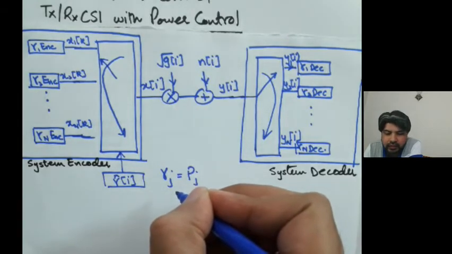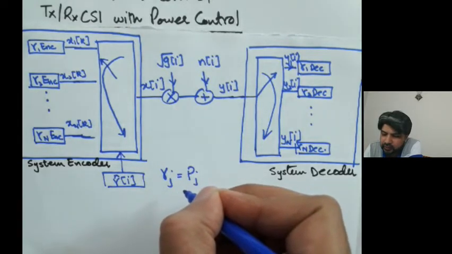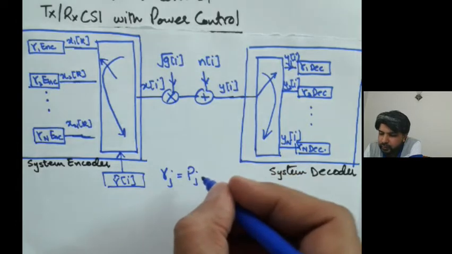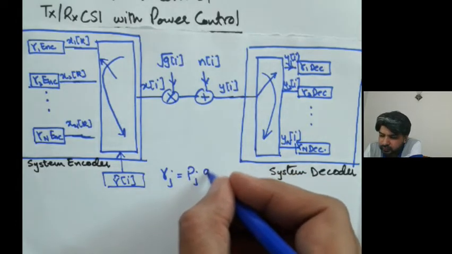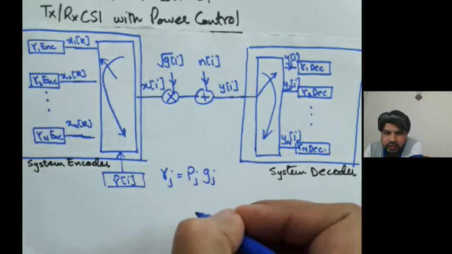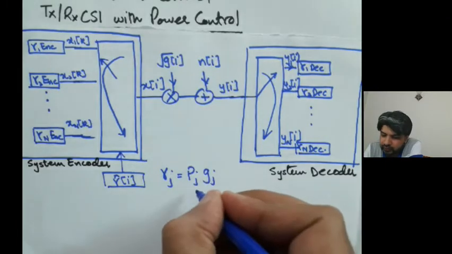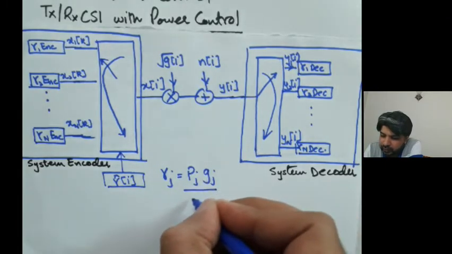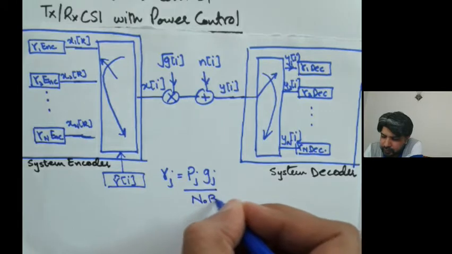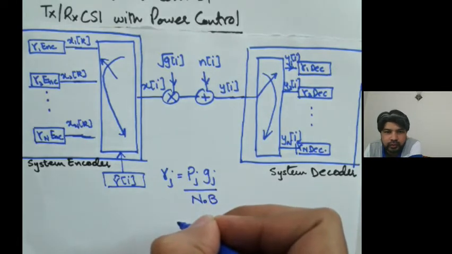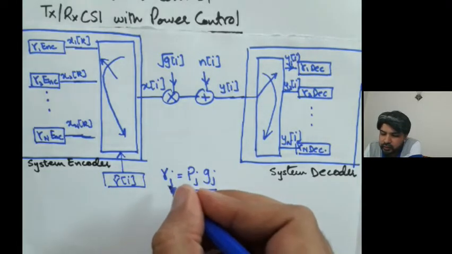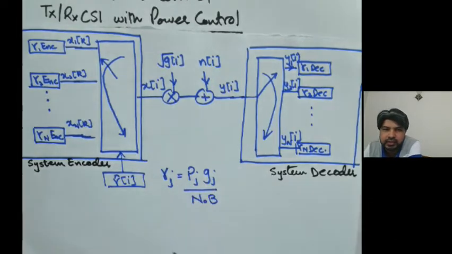Then the received signal to noise ratio in that case would be equals to Pj times Gj, which is the power gain of the channel, divided by N naught B. So that would be your signal to noise ratio when the channel is in the jth state.